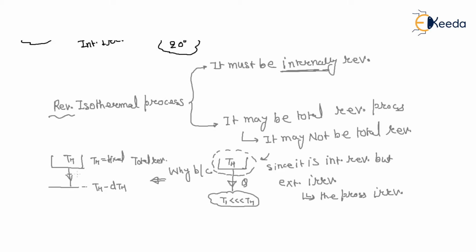Otherwise it is externally irreversible even though it is internally reversible. So this is the isothermal process, but this is not an isothermal process. So isothermal means it must be internally reversible.